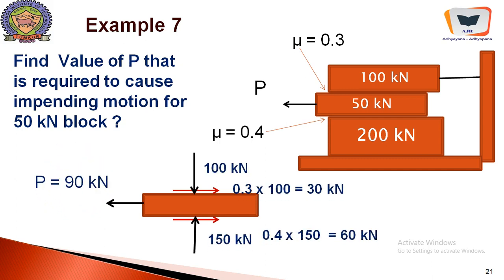Therefore P happens to be 90 kilonewton. It is equal to 60 plus 30. We will write P minus P equal to plus 30 kilonewton plus 60 kilonewton. So when they are set that way, the equation that we get for sigma Fx equal to 0, we get P equal to 90 kilonewton.